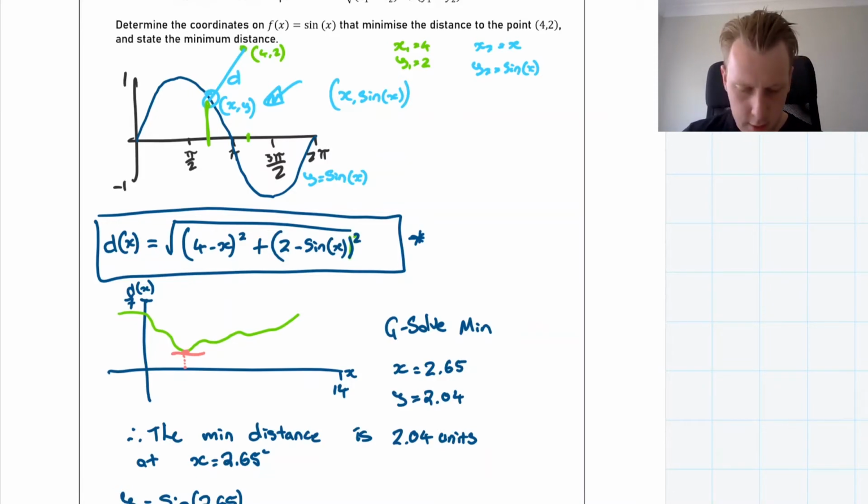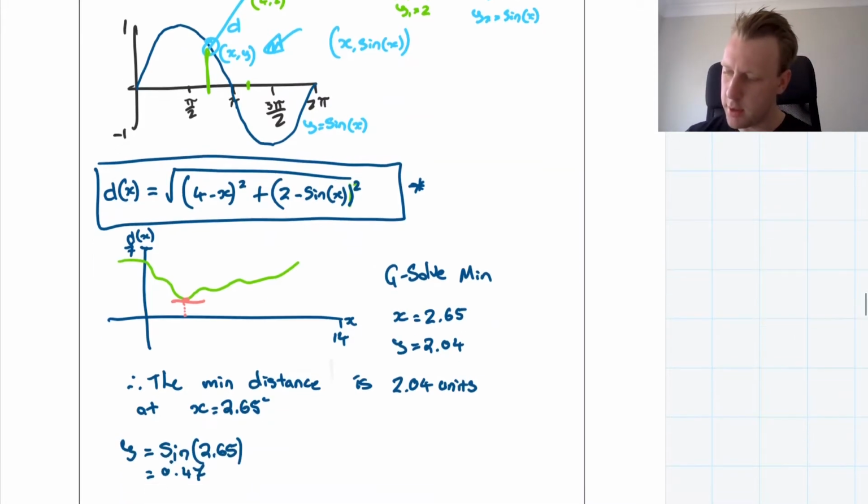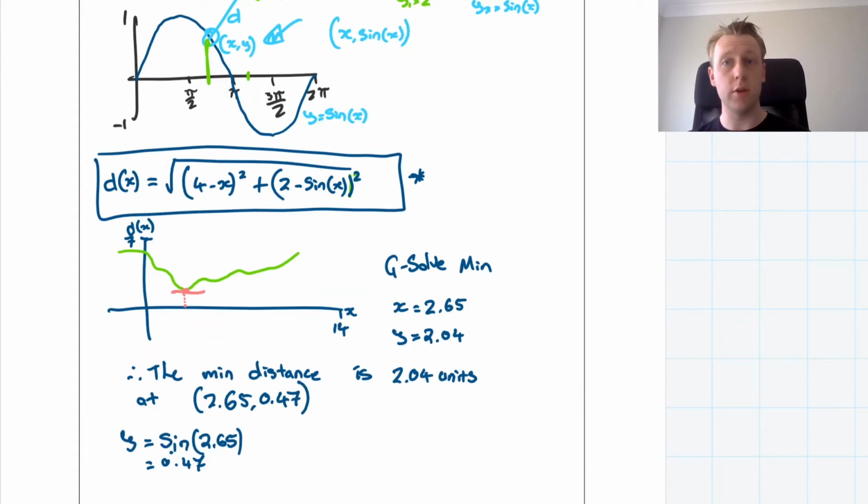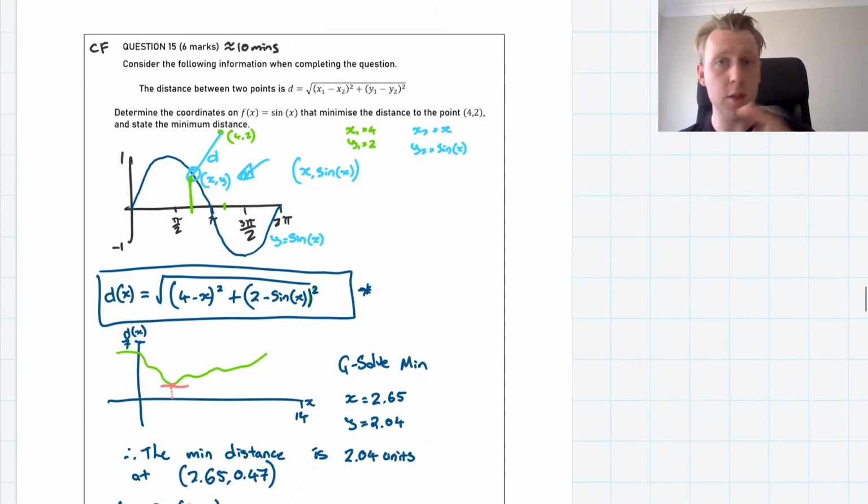And you're going to get 0.47. So you'd say the minimum distance is 2.04 units at the coordinates 2.65, 0.47. Very good.